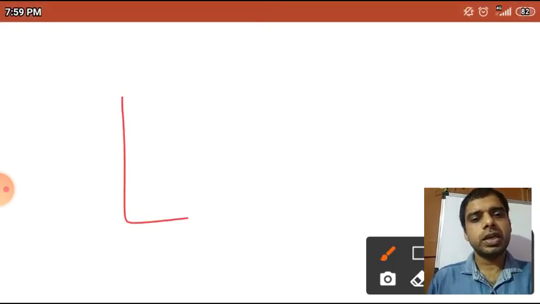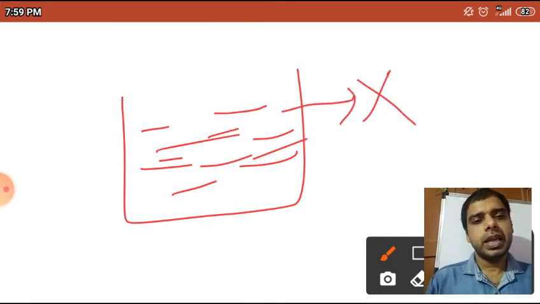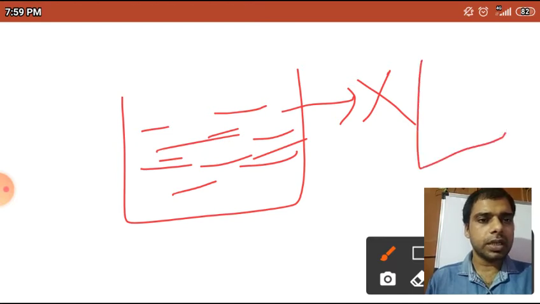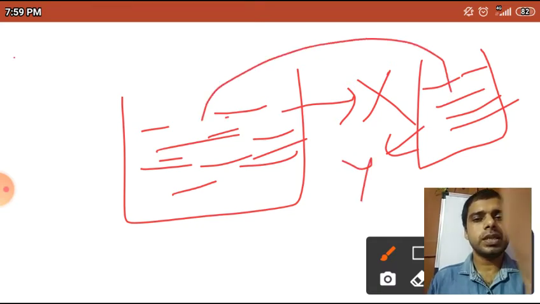So in one container we have taken the molten form of some metal X, and in another beaker I have taken another element, Y. These two I have added one by one.